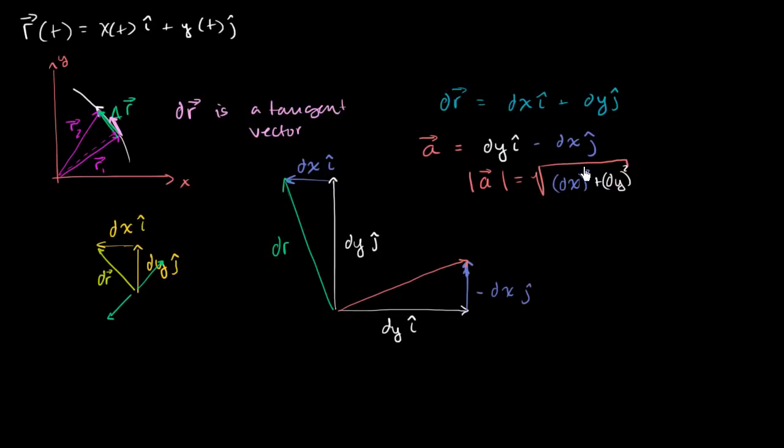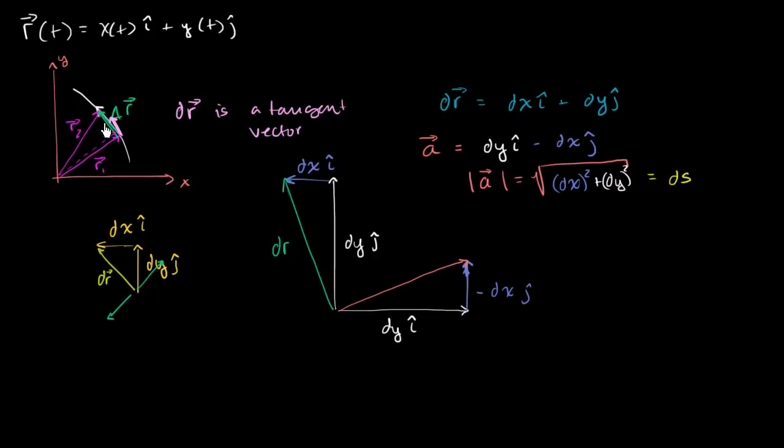But this thing right over here, and we saw this when we first started exploring arc length, is the exact same thing as ds. And I know there's no ds that we've shown right over here, but we've seen it multiple times. If you think about the length of dr as ds, that's exactly what this thing right over here is. So this can also be written as ds.